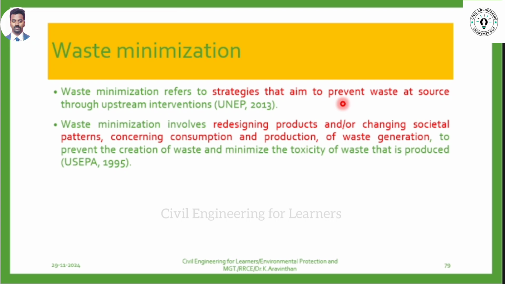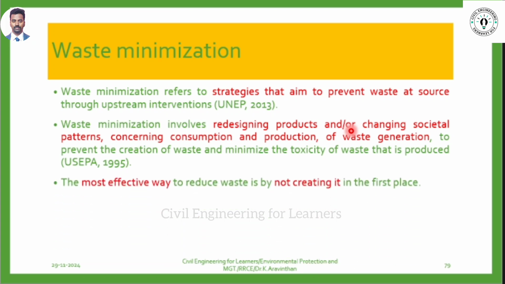First thing is source reduction. It is the best way to do waste minimization. Then you can do reduce, recycle, reuse. Finally is called disposal. So this hierarchy you can follow. Other thing is you can redesign products and change societal patterns. Whatever design you are using, you can change it.